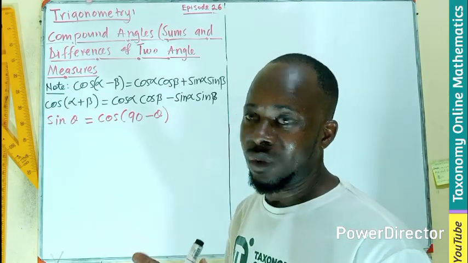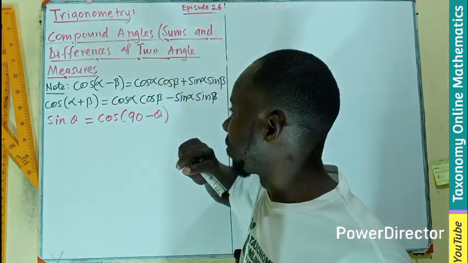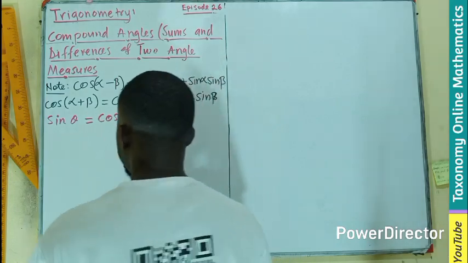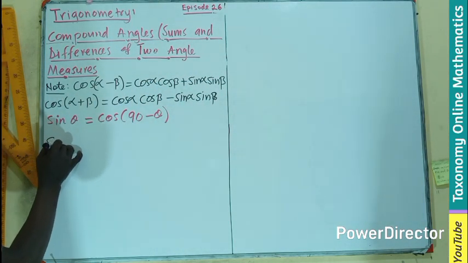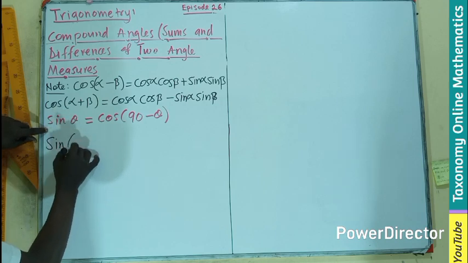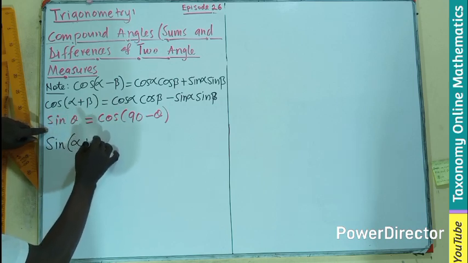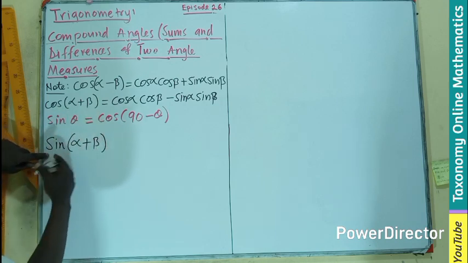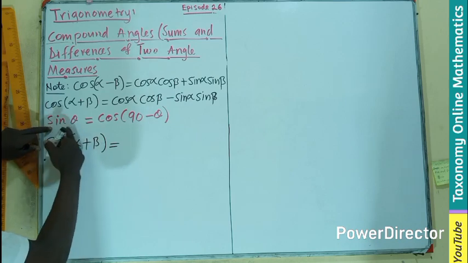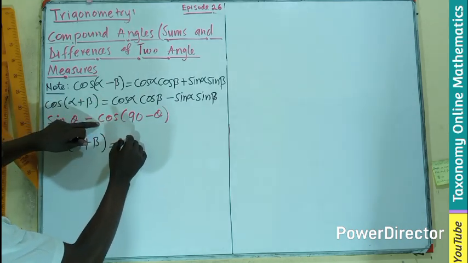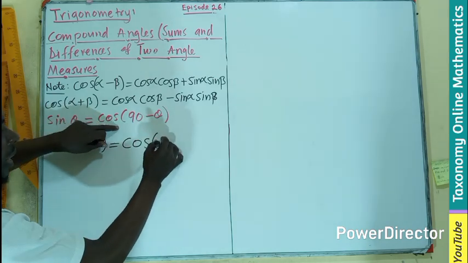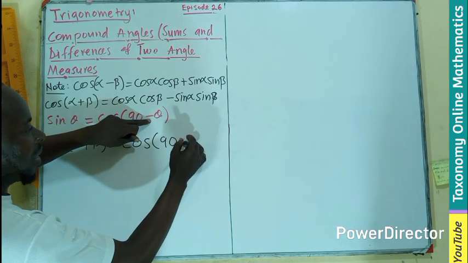All right, so in this case, we are trying to find the sum or difference. What do we begin with? Let's begin with the sine of sums. So if I have the sine of alpha plus beta, this will be equal to, look at where we are, sine of an angle equals the cos of 90 minus that angle.